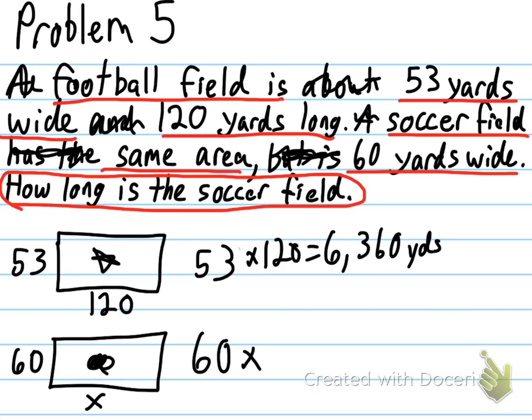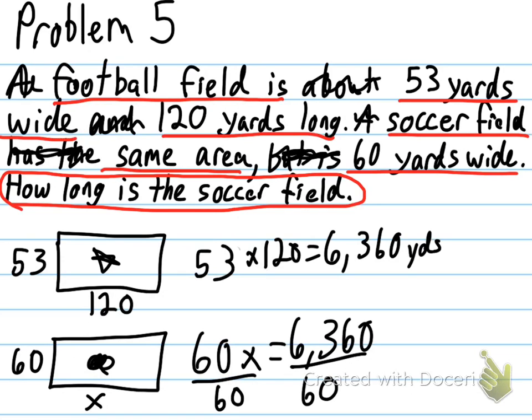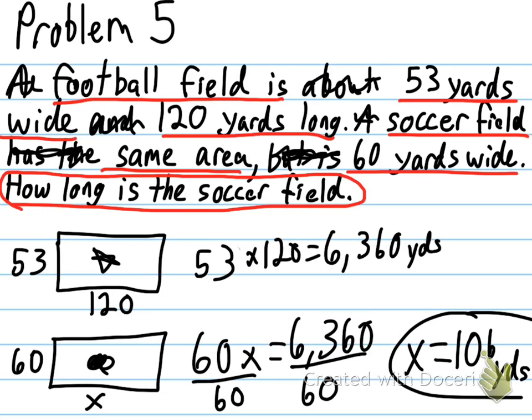So if we set that equal to this 6,360, we can now solve for x. Divide by 60, and we get that x equals 106 yards. And there is your intro to word problems.